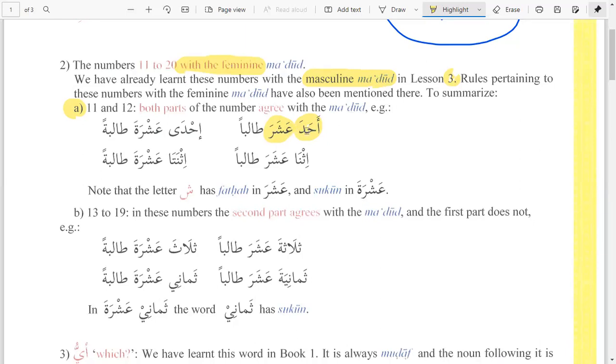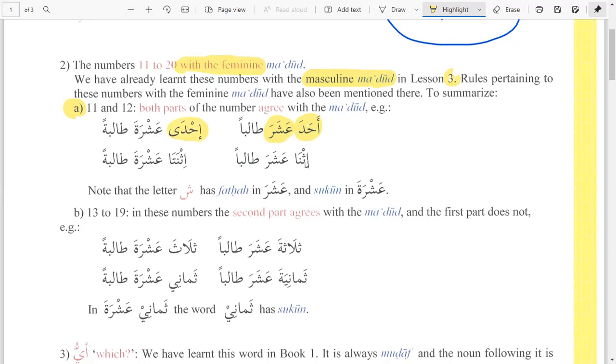Ahada ashara: ahada is masculine, ashara is also masculine, and ahada is mansub, ashara is also mansub. And for feminine, we say ihda asharata.